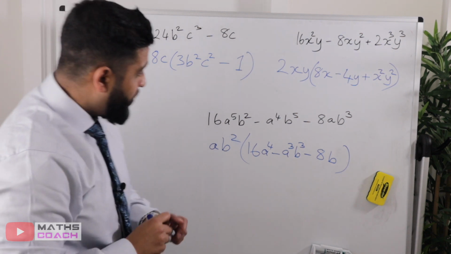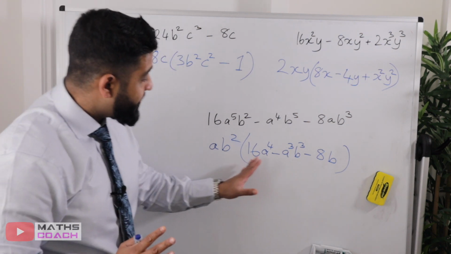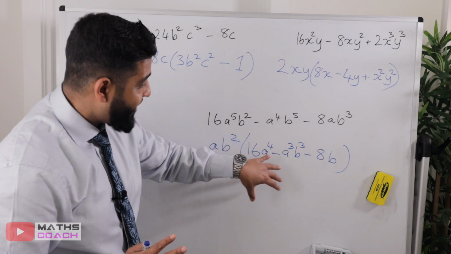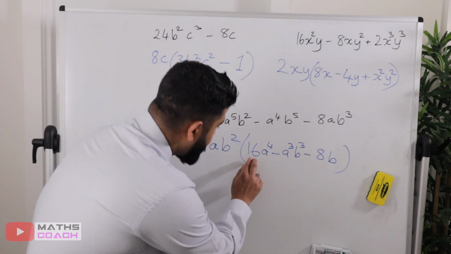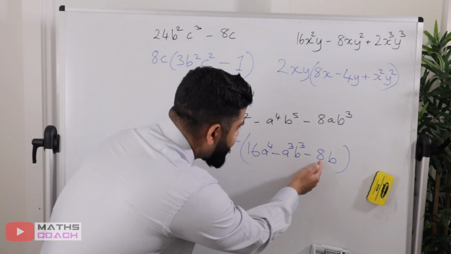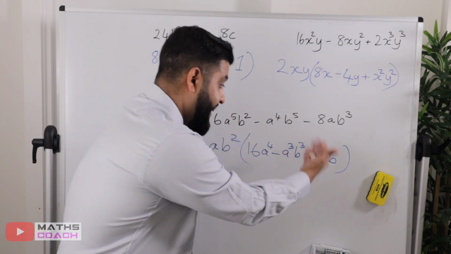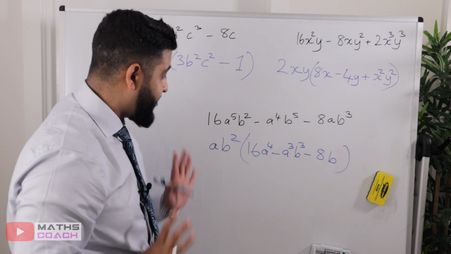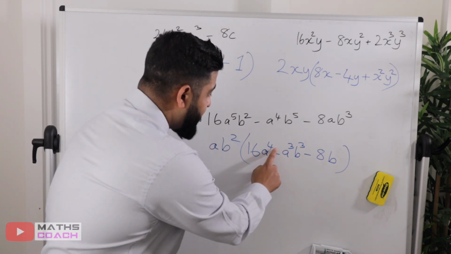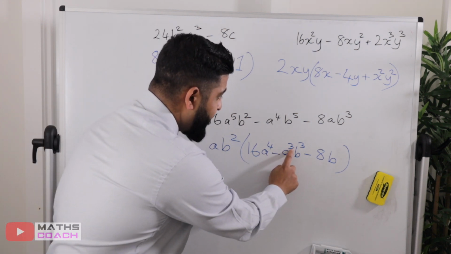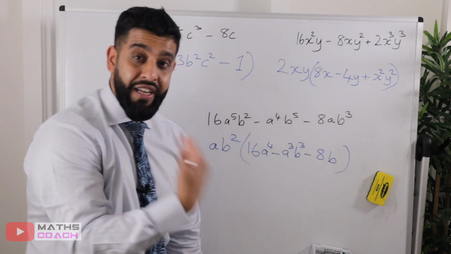Now we will check to make sure that there's nothing in common inside. So here's 16, there's a 1 here, there's an 8 here, so there's nothing in common between 16, 1 and 8, although 1 is common, but we don't take that one out. a to the power of 4, a to the power of 3, there's no a, so there's nothing in common.